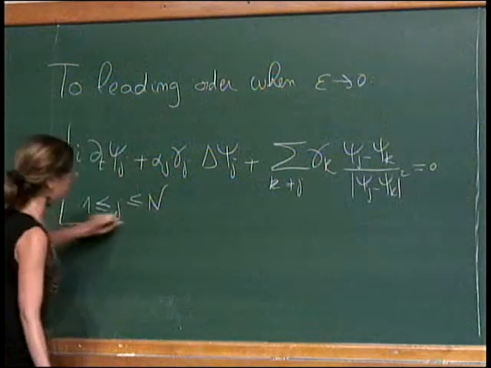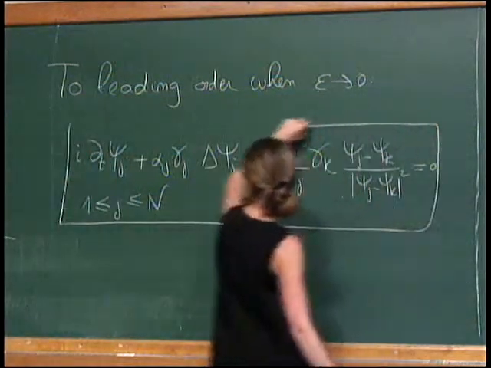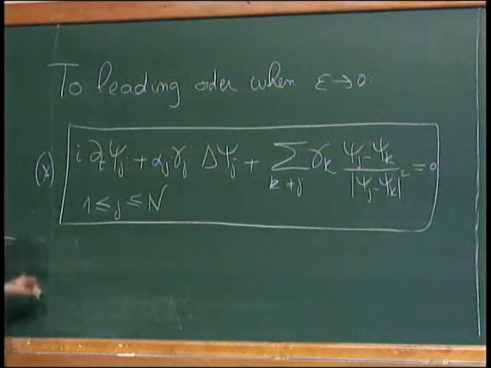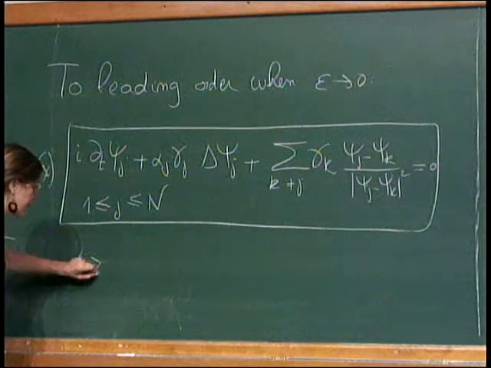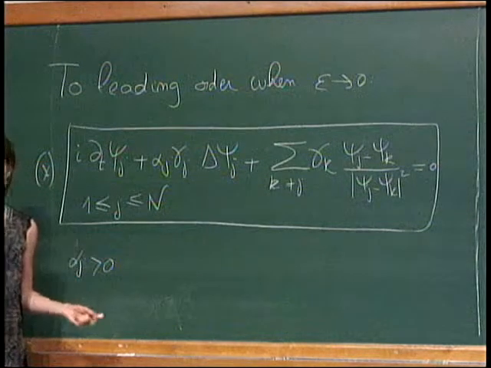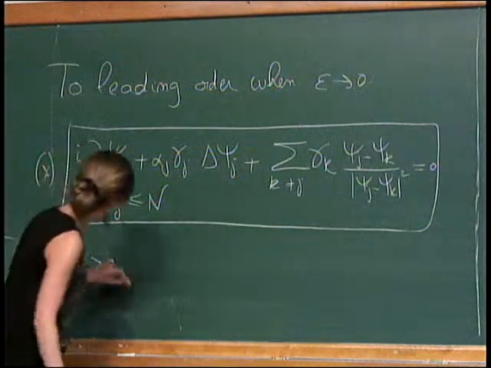I get a system of n equations, which will be my system star. Gamma j is the circulation of the filament. Alpha j is a positive parameter, which comes from the derivation and is related to the vortex core.